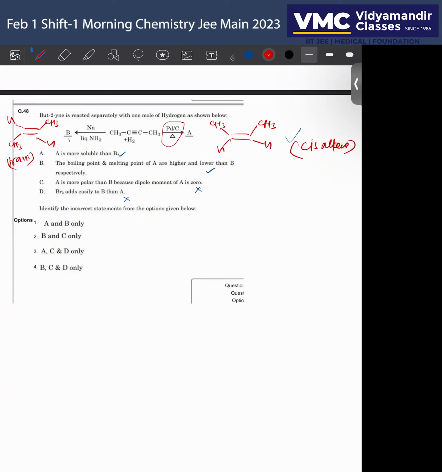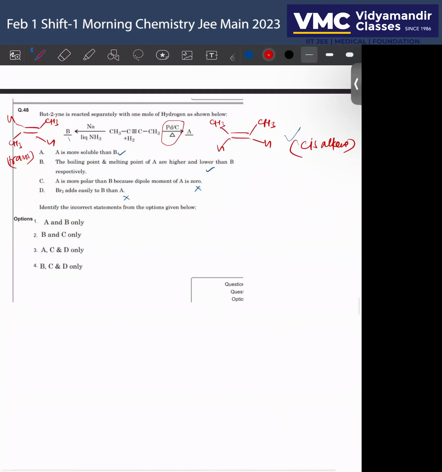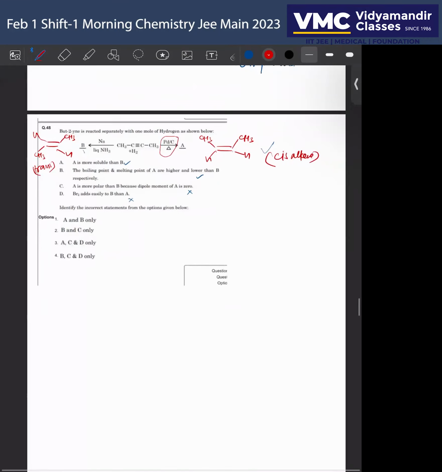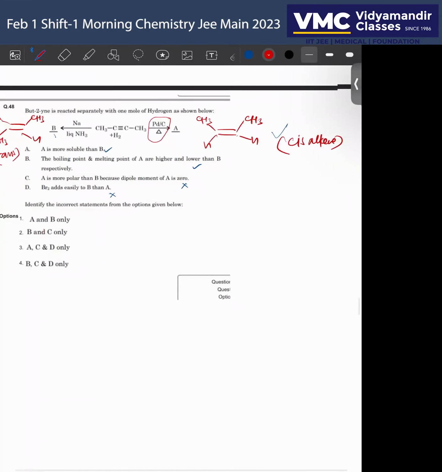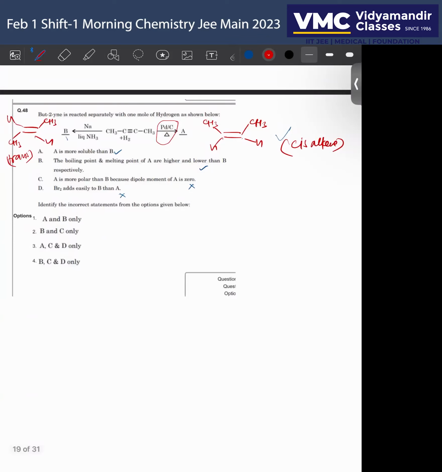Whereas option number D says that Br2 adds easily to B. It is not right. Br2 adds more easily to a cis alkene. It does not observe any steric hindrance in cis alkene, whereas a steric hindrance is observed in trans alkene. Therefore, C and D are incorrect options, and we have asked for the incorrect statement among the same.